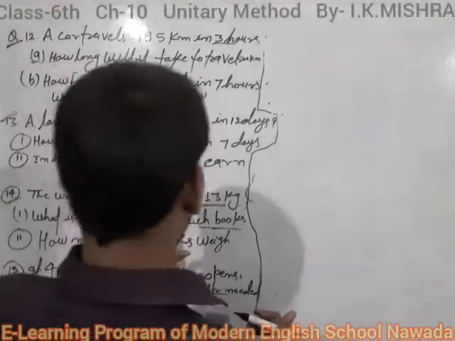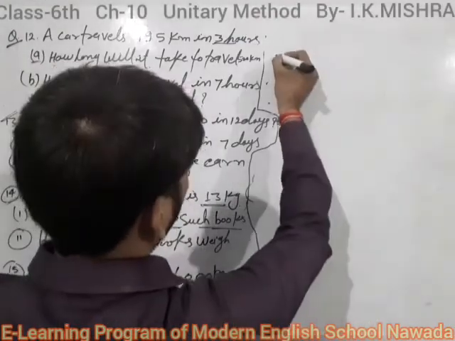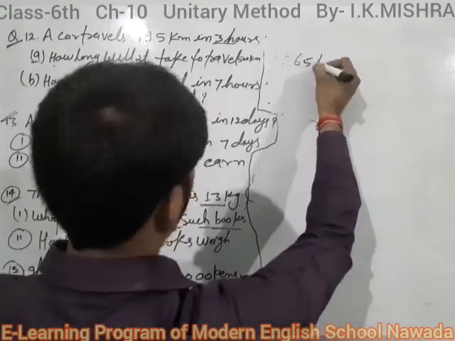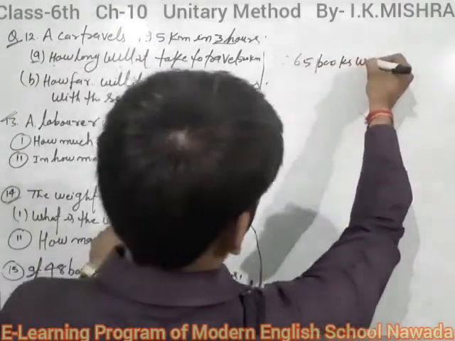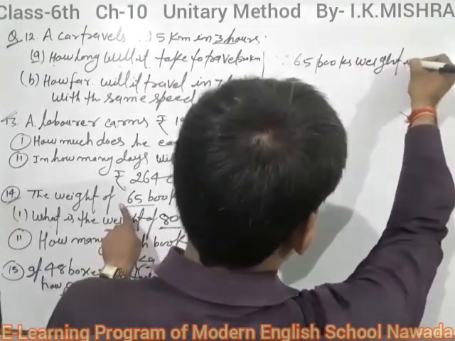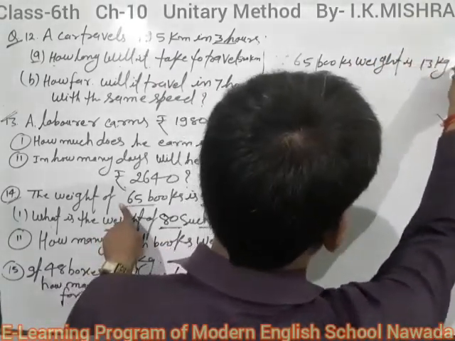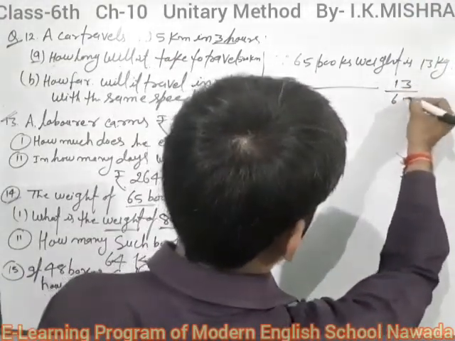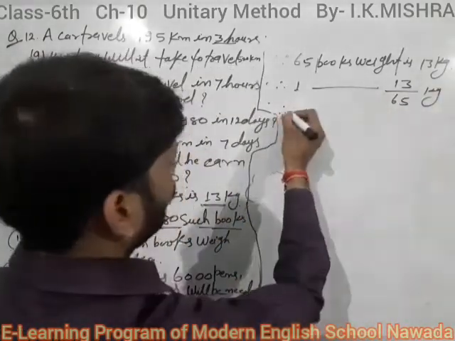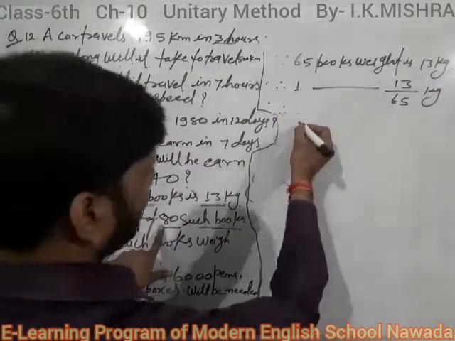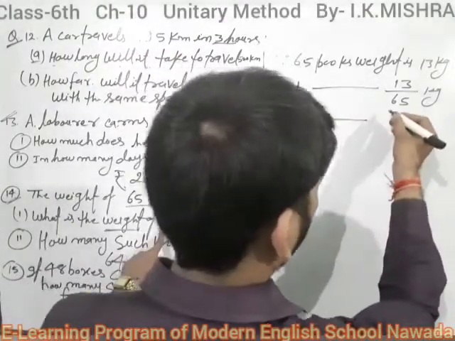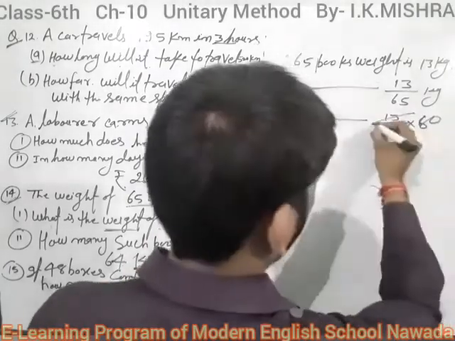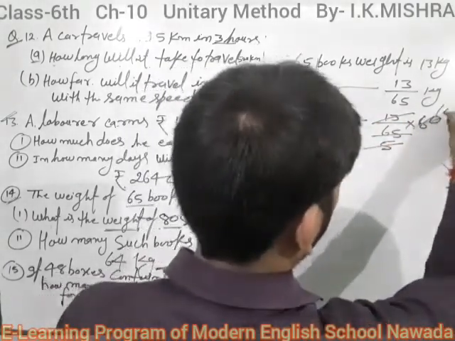That means here, 65 books weight is 13 kg. So one book's weight is 13 by 65 kg, and so the weight of 80 such books is 13 by 65 into 80. Here divide by 5 times and here 16 times.